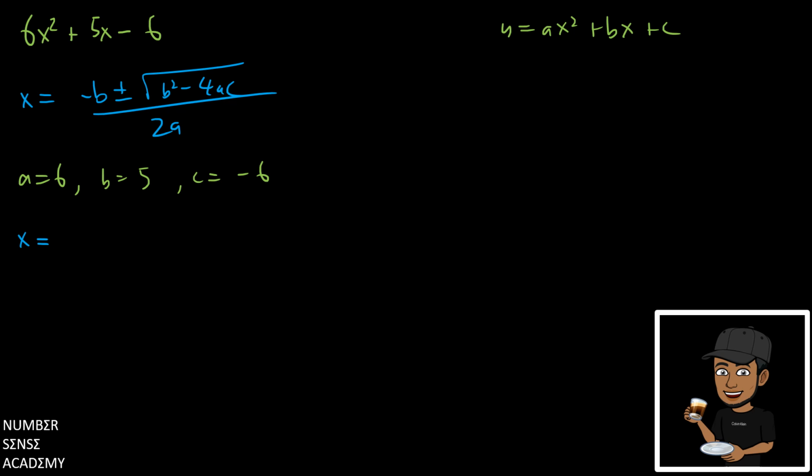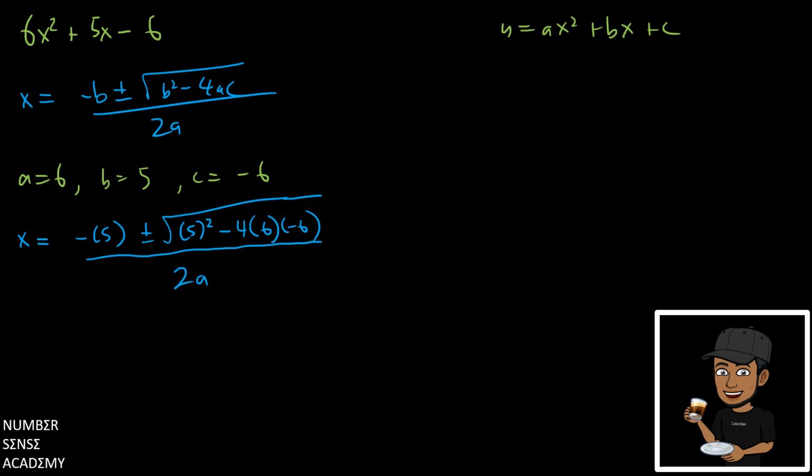So we have negative 5 plus or minus, and we have 5, we're going to square that. Then we have 4 times a, which is 6, and c, which is negative 6, and then we're dividing all of that by 2a. And I have no clue why I wrote 2a, because that's not proper. It's going to be 2 times 6.